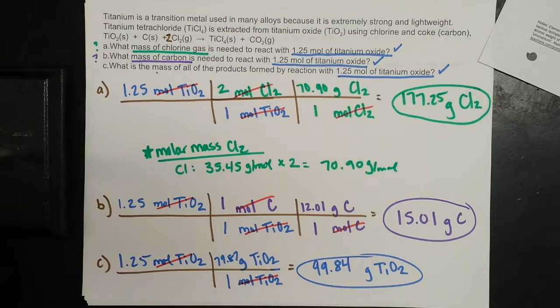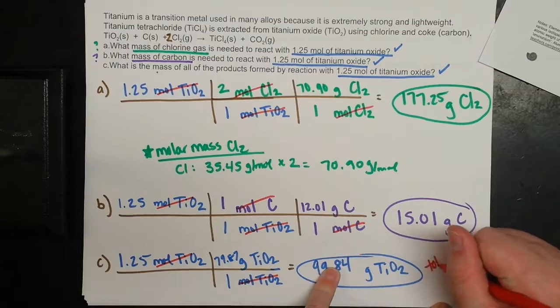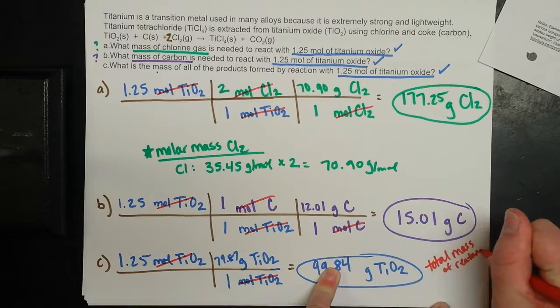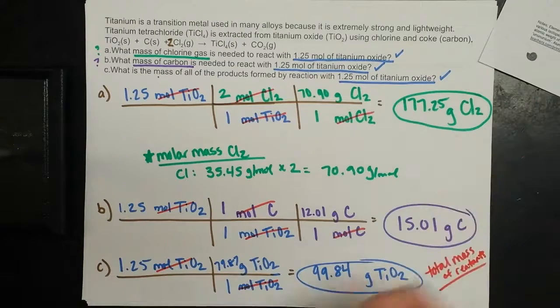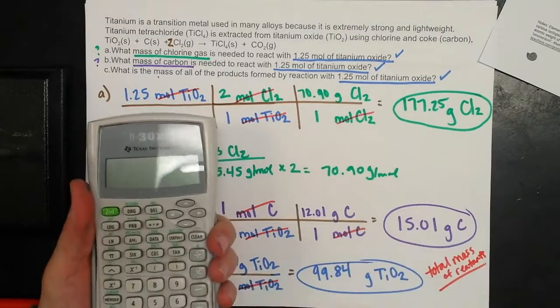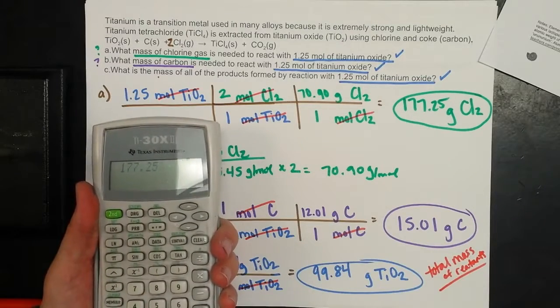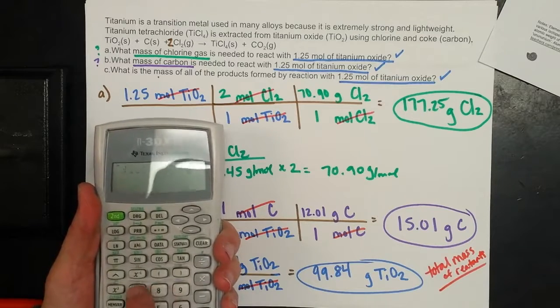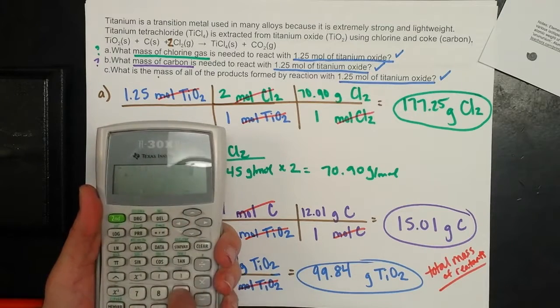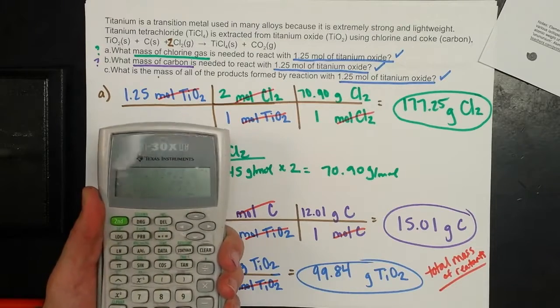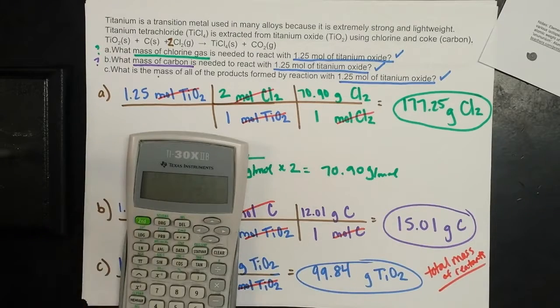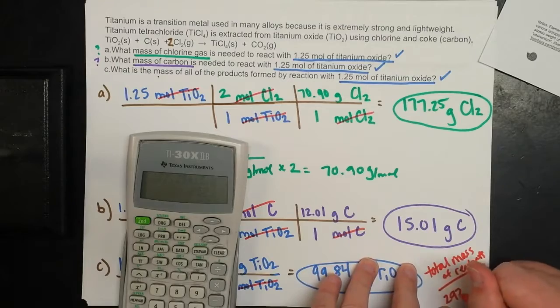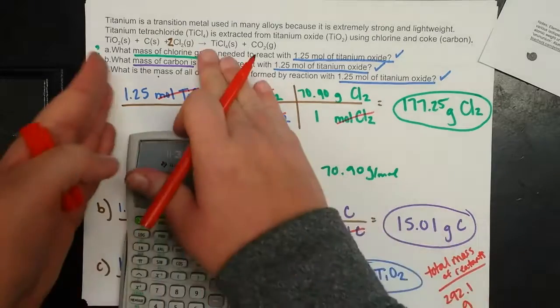So the total mass of my reactants will equal the sum of these three numbers. So I can add all that up. I get 177.25 plus 15.01 plus 99.84, and I get 292.1 for my total mass to begin with.